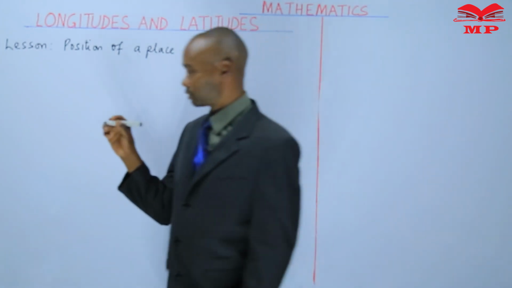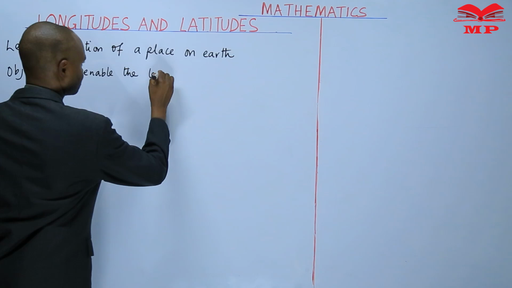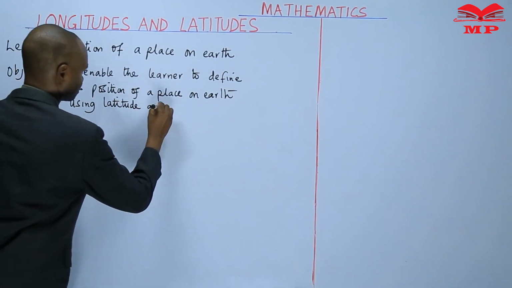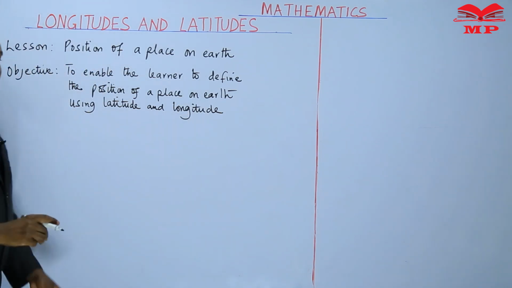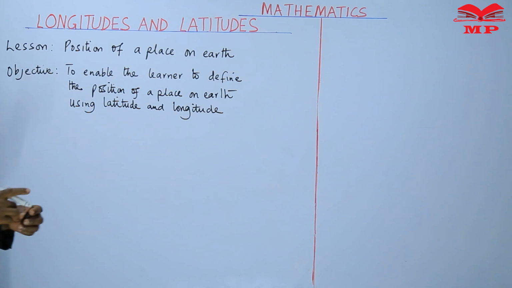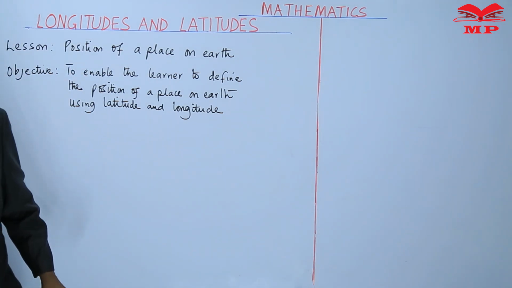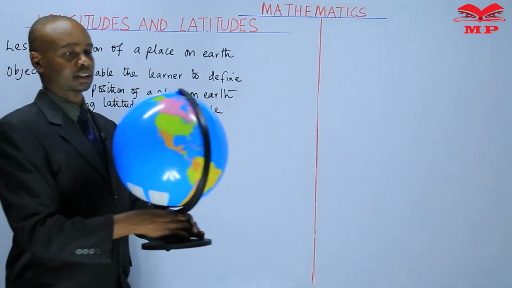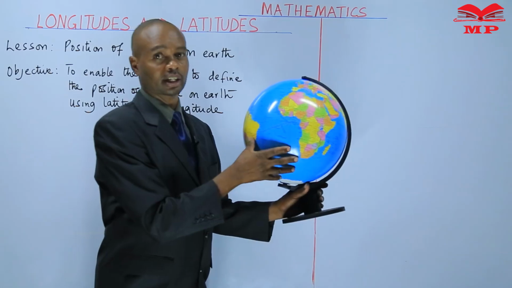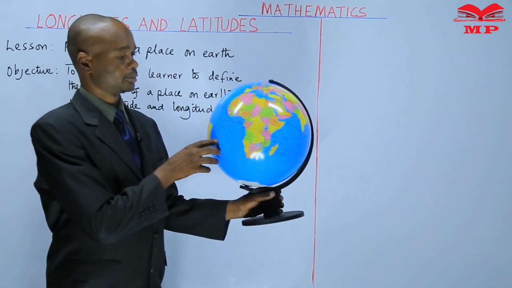So the basic objective is to enable the learner to define the position of a place on Earth using latitude and longitude. Learner, it is not adequate enough to locate the position of a place on Earth using latitude only.